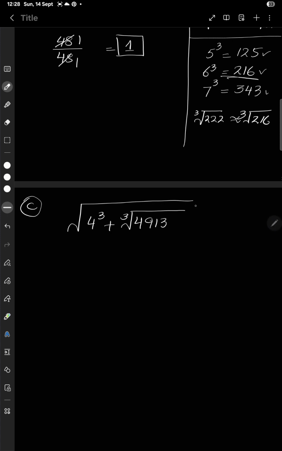The square root will be a square root, just leave it. 4 cube is equal to 64. I'm just solving this step by step. 4 cube is equal to 64, plus another plus 4913.